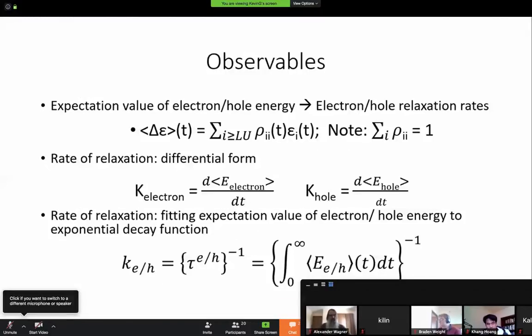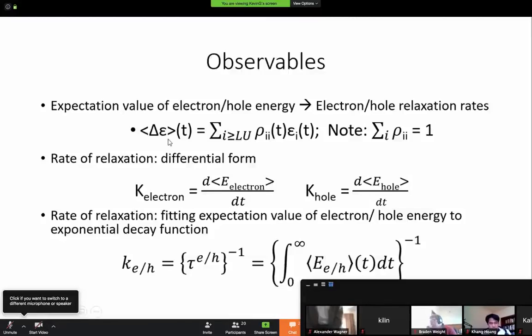All right, so the next thing I have here are my observables. So from my expectation values of my electron and my electron hole energy, I use these to get my electron relaxation rates and my hole relaxation rates.